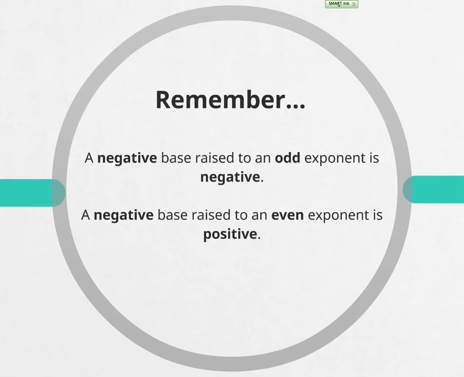Okay, so just remember that a negative base raised to an odd exponent is negative. But if you have a negative base raised to an even exponent, that's positive. It has to do with our rules for integer multiplication, or positive and negative multiplication. And it is really important to keep in mind, especially if you are using your calculator.